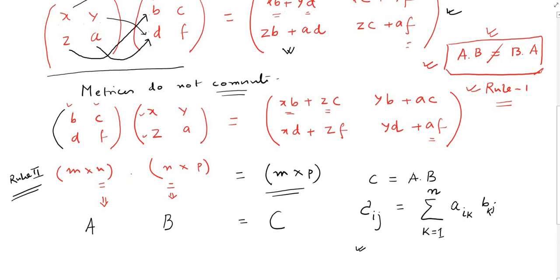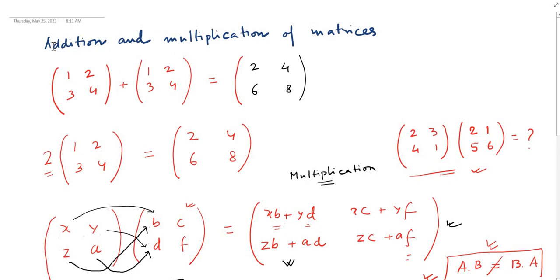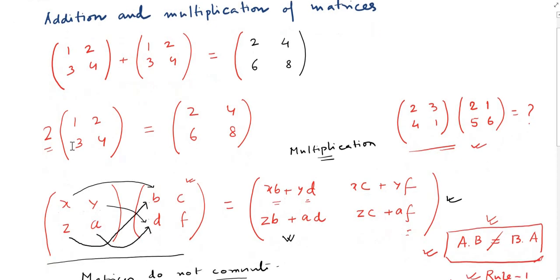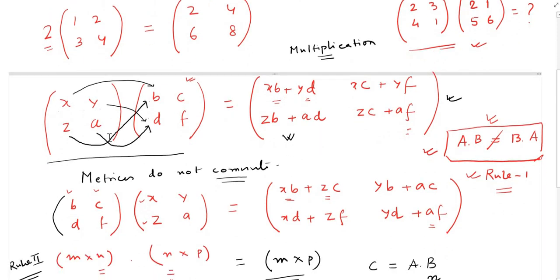Okay, great. So what are the things we covered? Quickly to summarize: we covered addition and multiplication of matrices. When we are doing addition, the steps are very simple. You just add element to element. So basically 1 plus 1 equals 2, 2 plus 2 equals 4. Scalar multiplication is very easy, and then we saw the actual multiplication and understood how we do it.